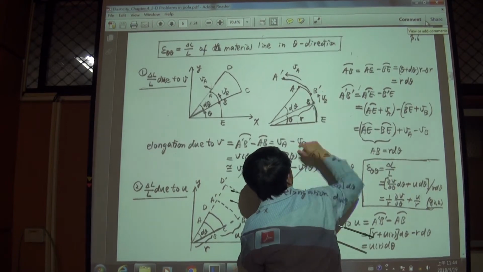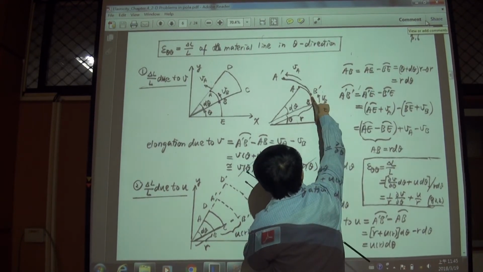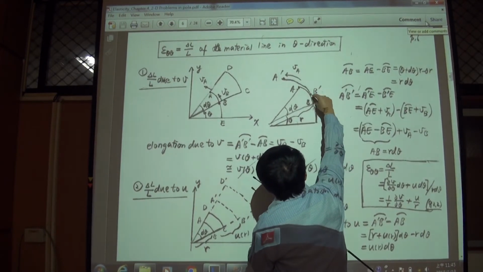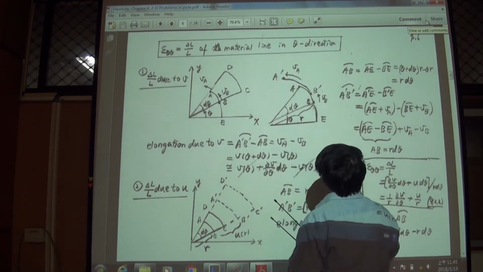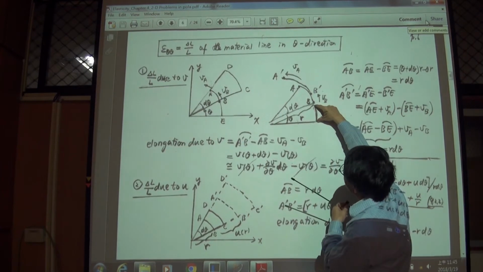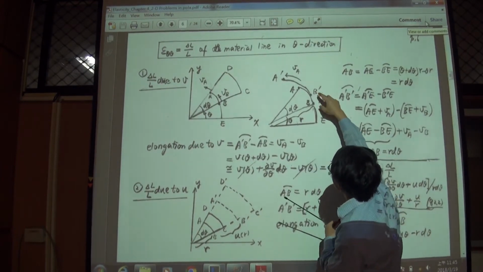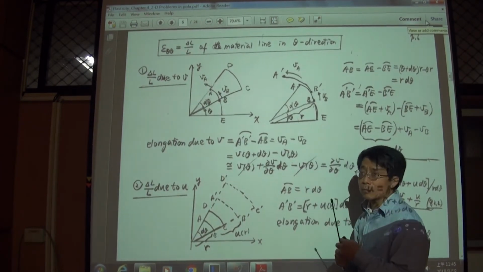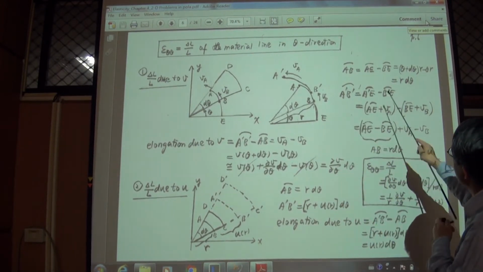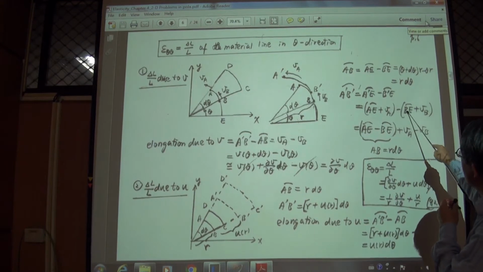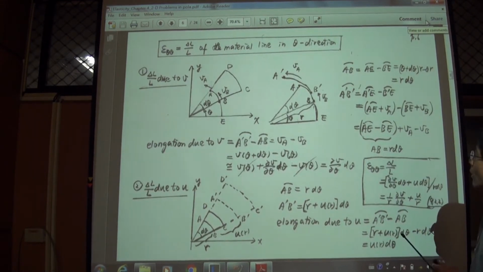This arc equals BE plus VB. This section plus this section becomes this big section B prime E, right? So we have B prime E equal to BE plus VB.